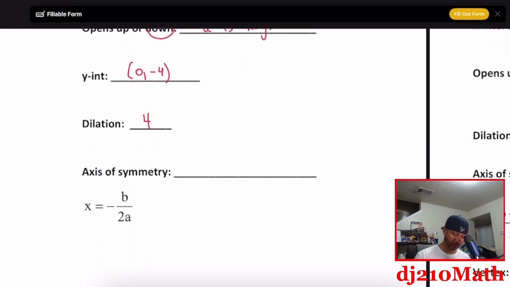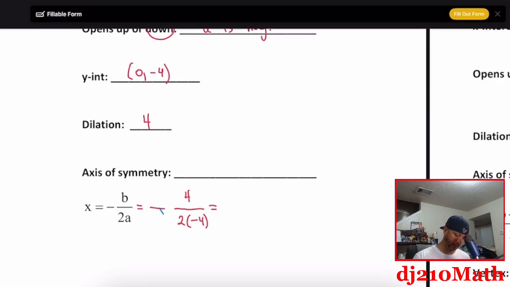Okay. Axis of symmetry, our go-to formula, negative, that's part of the formula. B in this case is 4. 2 times a is negative 4. Okay, negative negative cancels. So we get 4 over 2 times 4 is 8, which is basically 1/2.